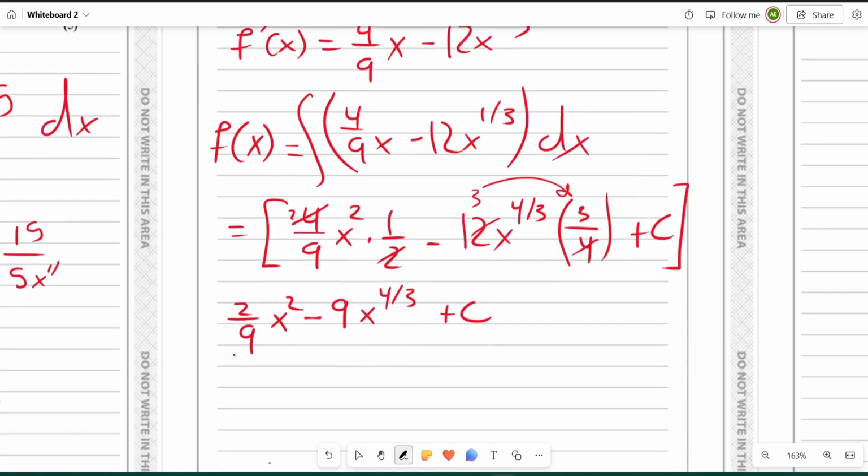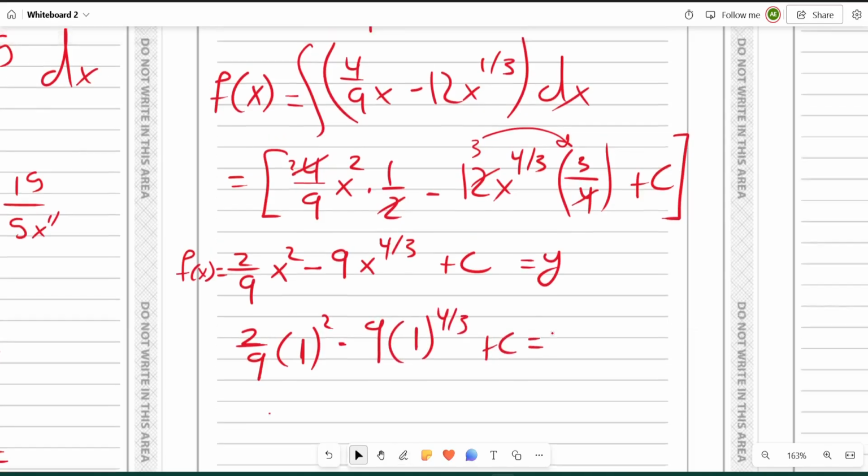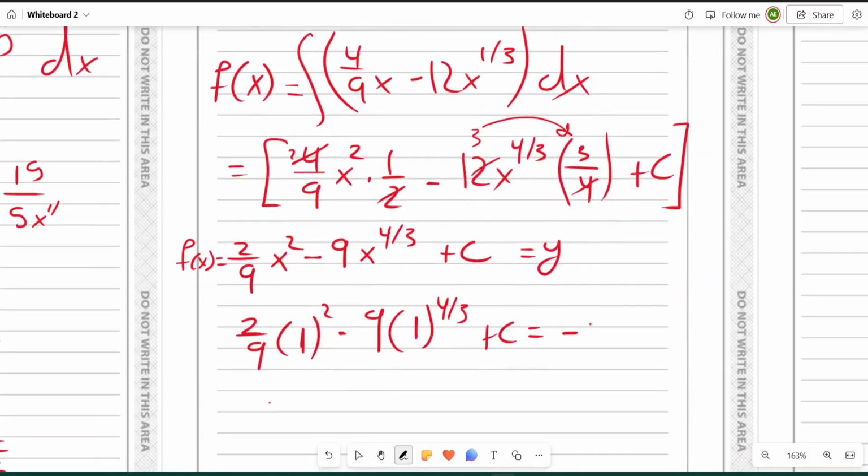So over here, I know that this is f of x, and this is equal to y as well. So when x is 1, 2 over 9, when x is 1, minus 9 times 1 power 4 over 3 plus c, y is equal to minus 8. Now I can solve to get my c value. So this is going to be 2 over 9 minus 9 plus c equals minus 8.